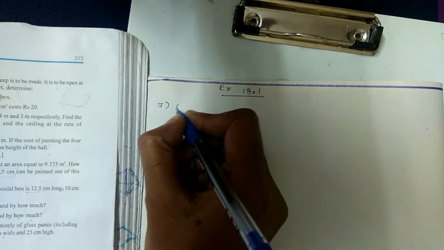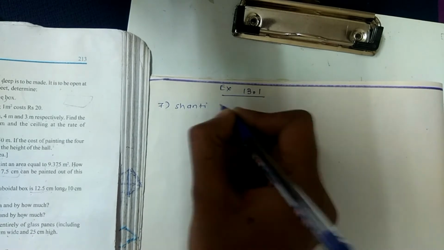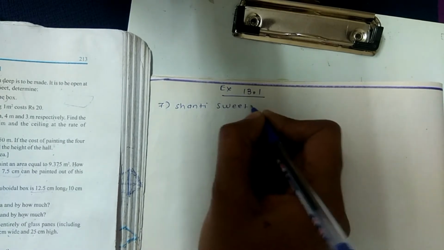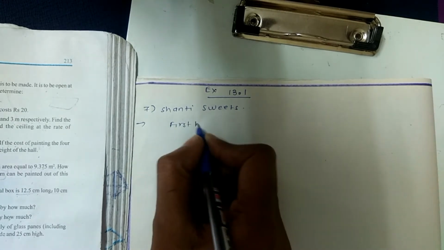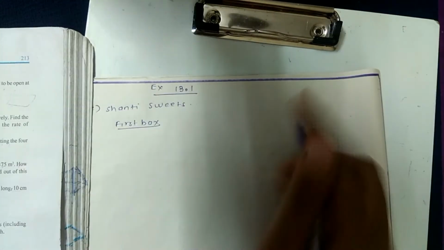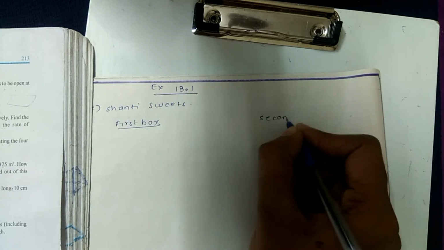First of all we will write the given things. There are two types of boxes, and both are cuboidal in shape. I'll name this the first box and the second one the second box.